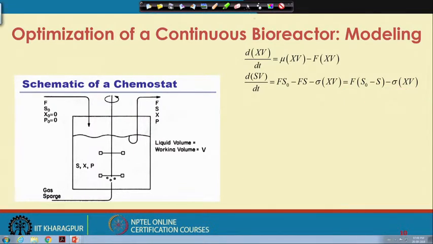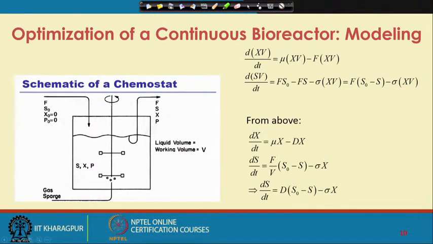So, I now have the two mass balance equations. Note that V remains constant.